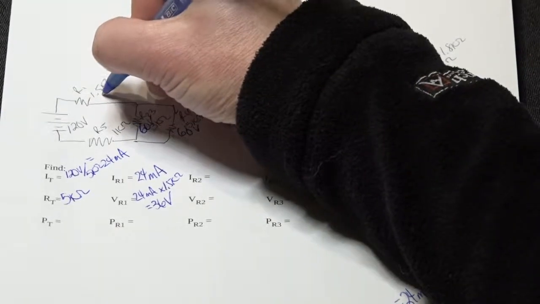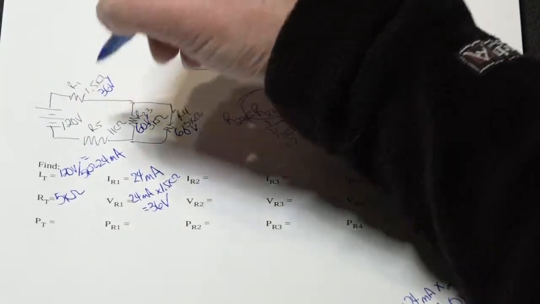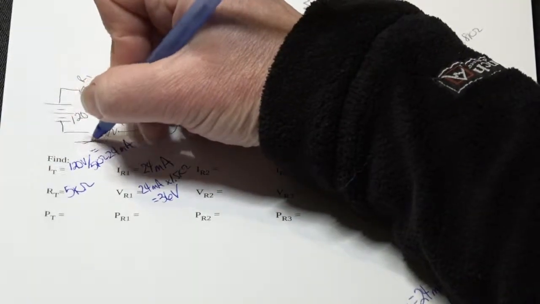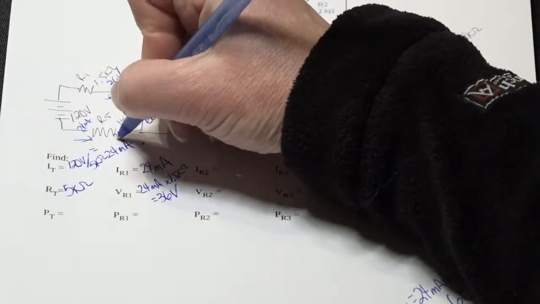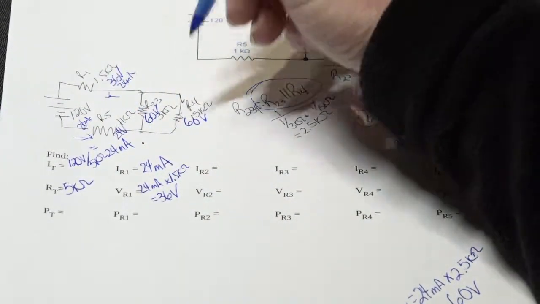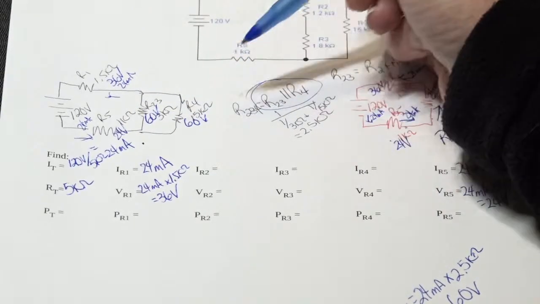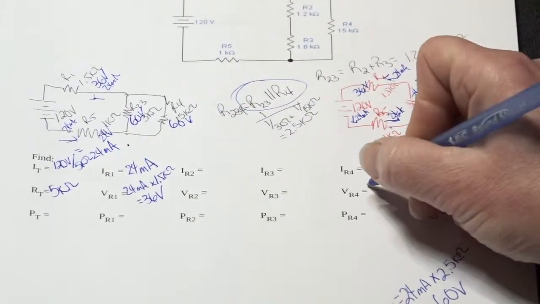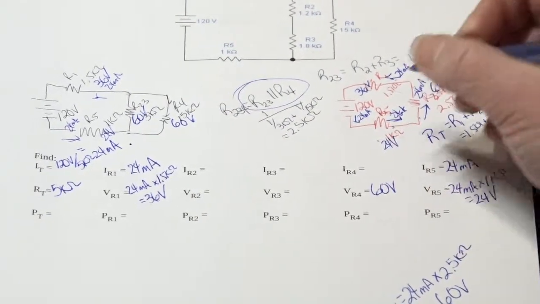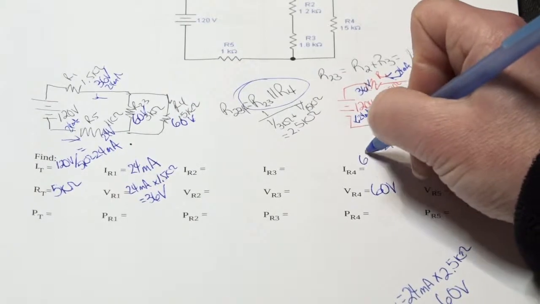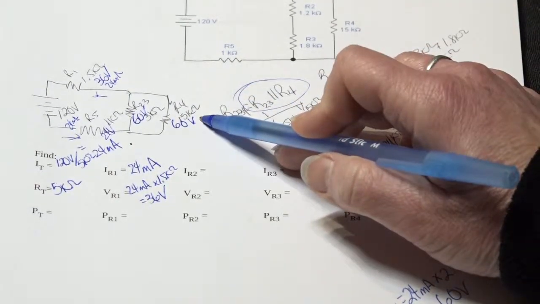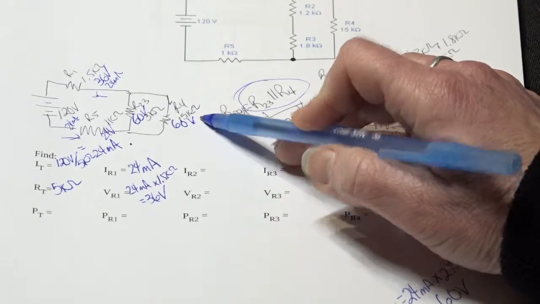So once again, we're still going to have 36 volts here, and we got 24 milliamps going through there, 24 milliamps going through here, and 24 volts here. So that means between these two, so if I take my 60 volts, because R4 is sitting there by itself, so I can say, okay, I got 60 volts there, and I can apply Ohm's law, so 60 volts divided by, and this looks like it's a 5K ohm resistor.